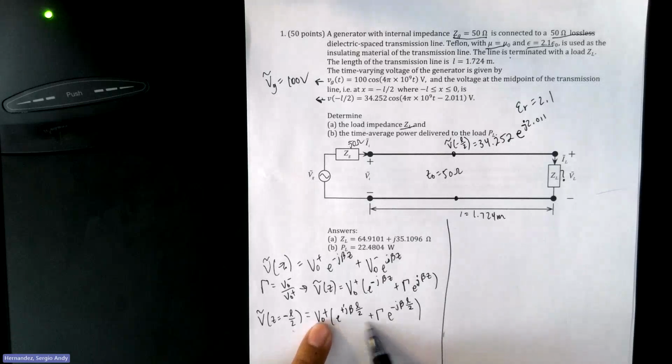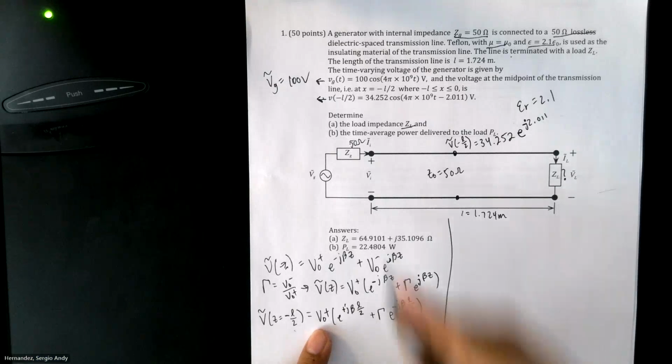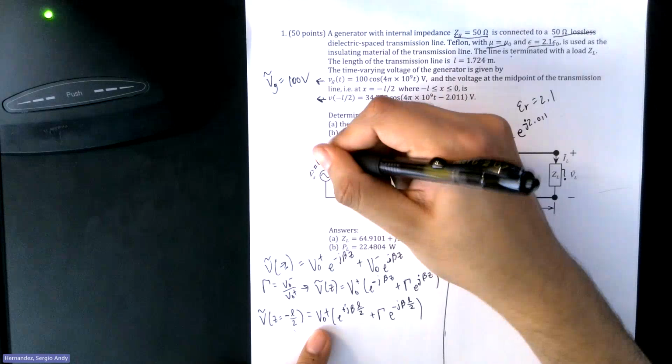So you have two unknowns, right? Again, I, well, you're not given that. You're given VG.